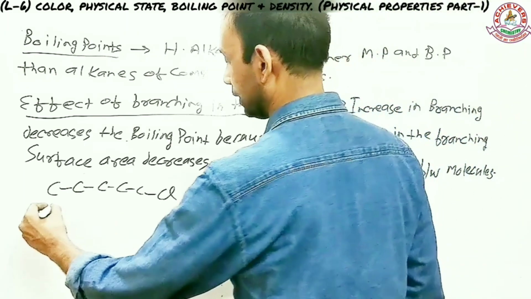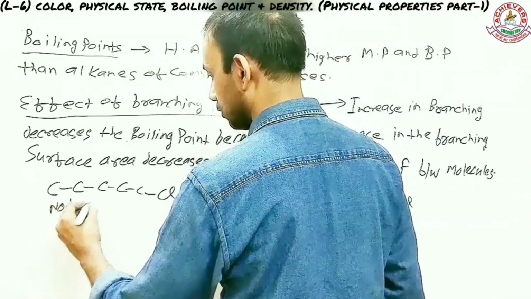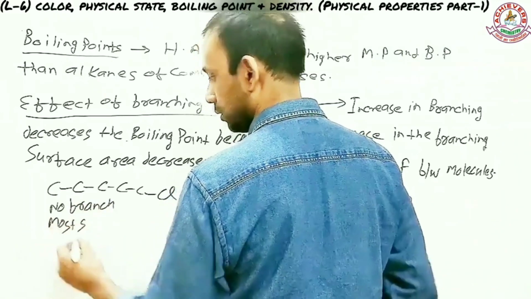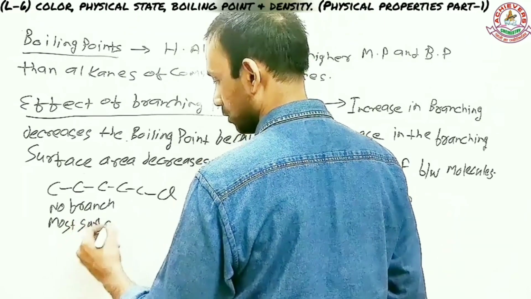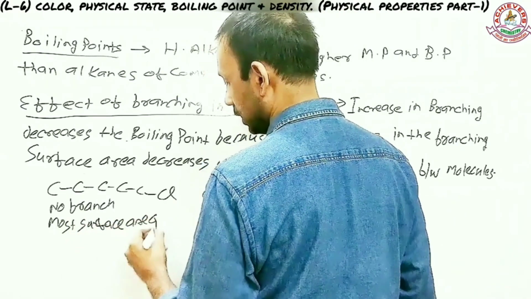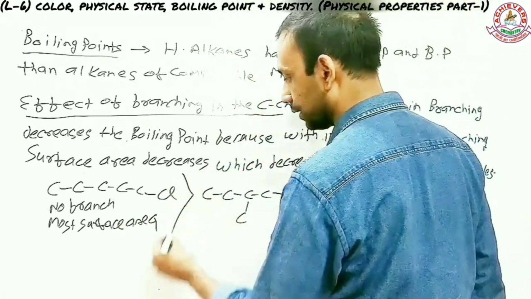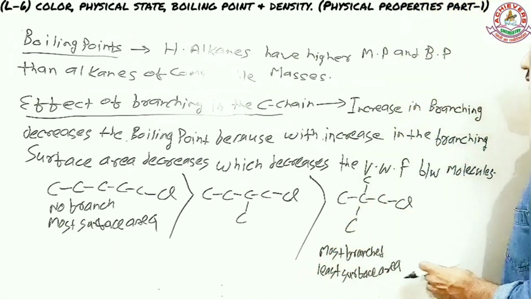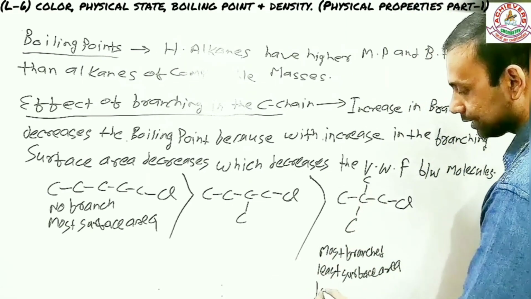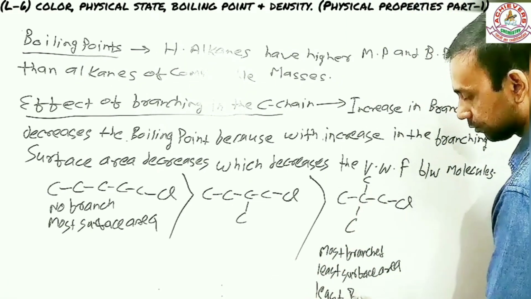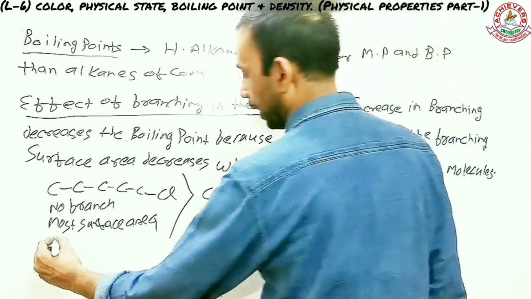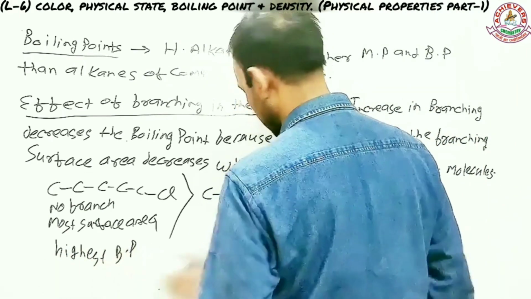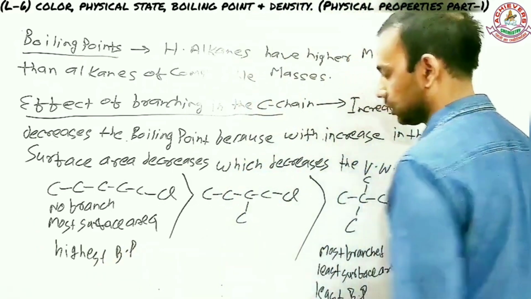And this one is no branch, so most surface area. And as I said earlier, increase in the surface area increases the boiling point. What that means: decrease in the surface area decreases the boiling point. So there it has the least boiling point and it has the highest boiling point. And of course this will have medium. I'm not writing, you understand that.